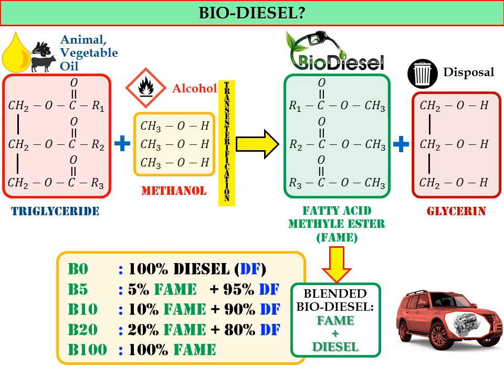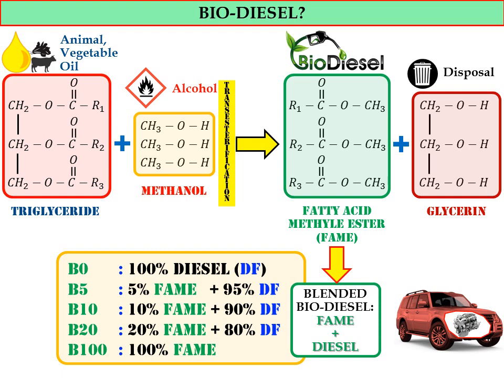B5 represents the mixture of 5% biodiesel FAME plus 95% typical diesel fuel. B10 is equal to 10% biodiesel fuel plus 90% typical diesel fuel.